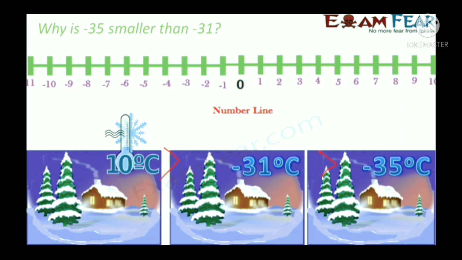And the same thing can be proved with the number line as well. When you look at the number line, let us say that minus 31 is somewhere here. So where will be minus 32? Somewhere here. Minus 33, minus 34, and then minus 35.